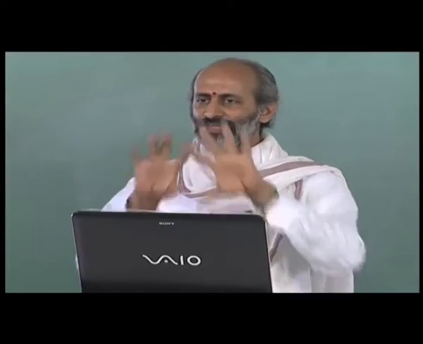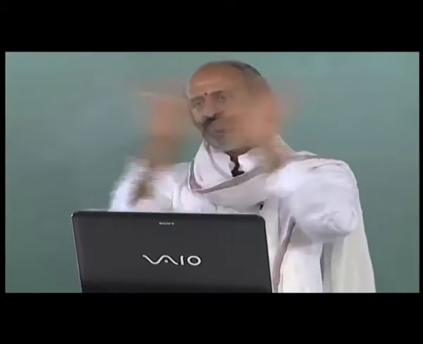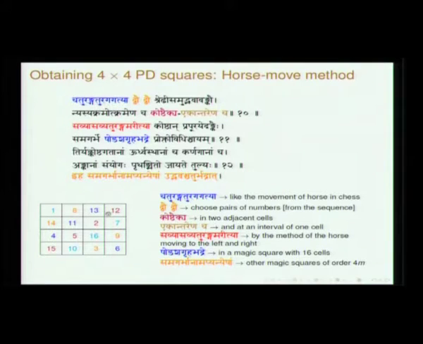Once these 4 things are fixed, the rest of the square actually gets fixed. There is no way that you can play around, and therefore for 1 with this topmost cell you have 24 possibilities, and 1 can move anywhere of the 16 cells, and therefore 16 into 24 you get 384 possibilities.